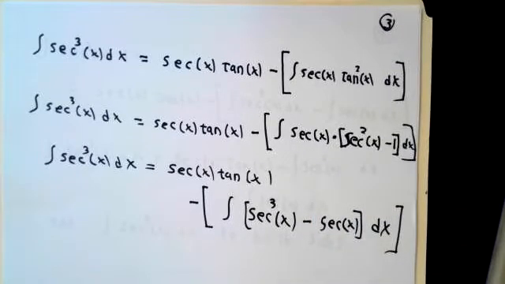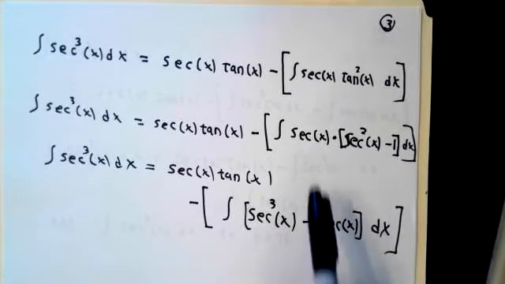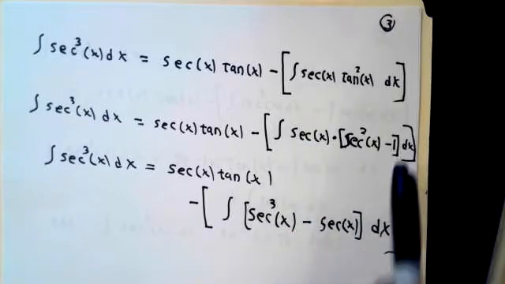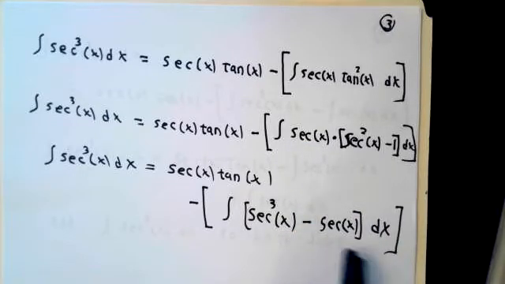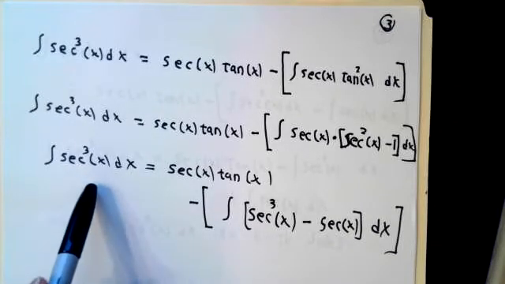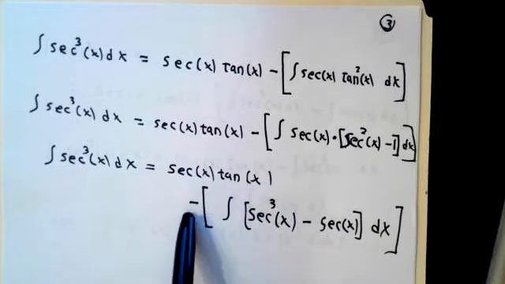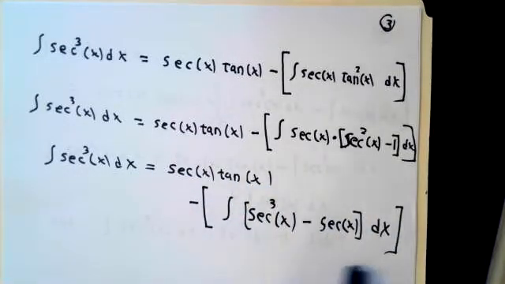Secant of x times secant squared of x is secant cubed of x minus secant of x times 1, secant of x. So what we have figured out is the integral of secant cubed x dx, which is what I'm trying to find, is a known quantity minus this stuff. And this stuff does still have some calculus in it.